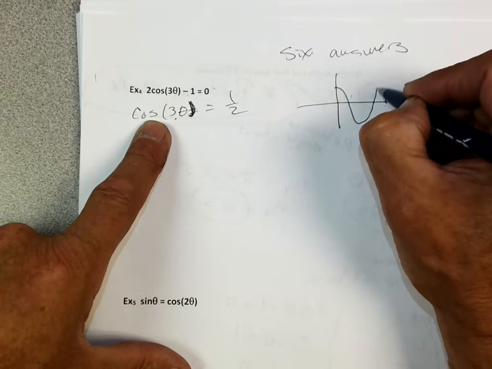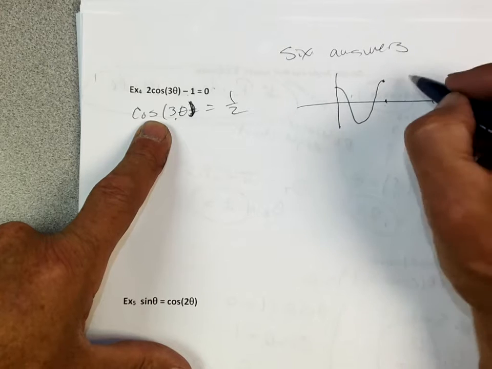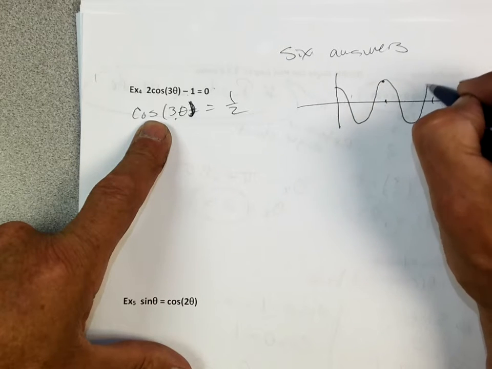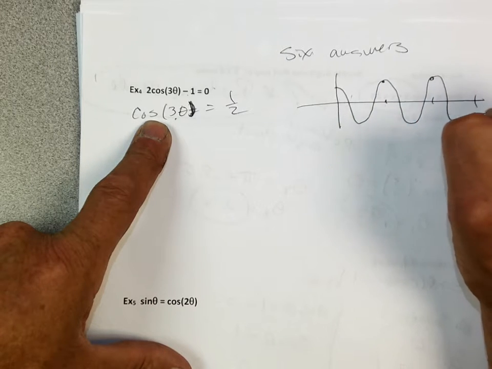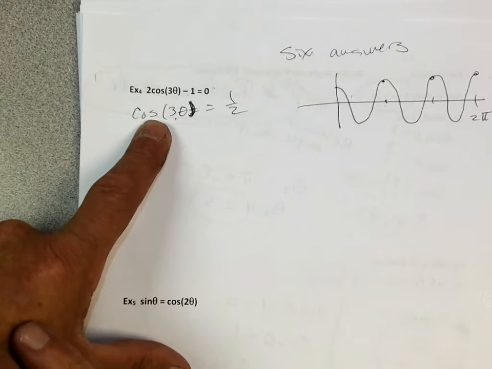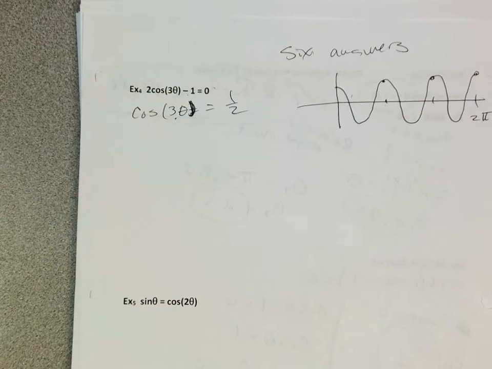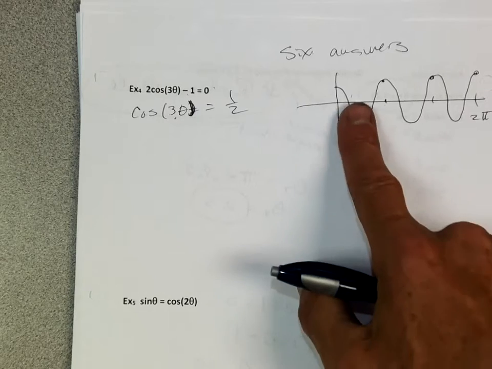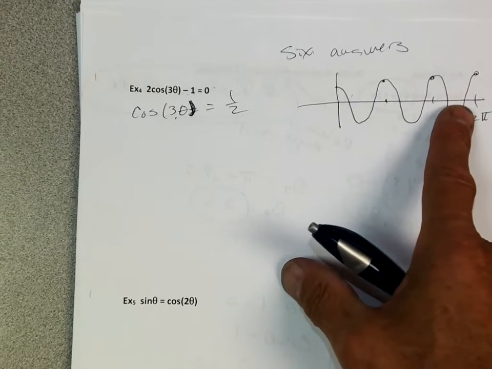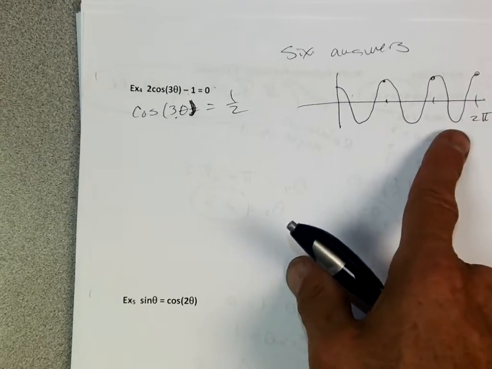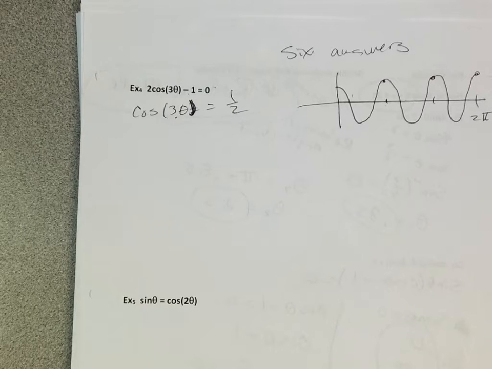Just a visual. You don't have to draw a graph. I will. You all right with my picture? It's not perfect, but I really have 1, 2, 3 cosine graphs in 2 pi. Does that make sense?